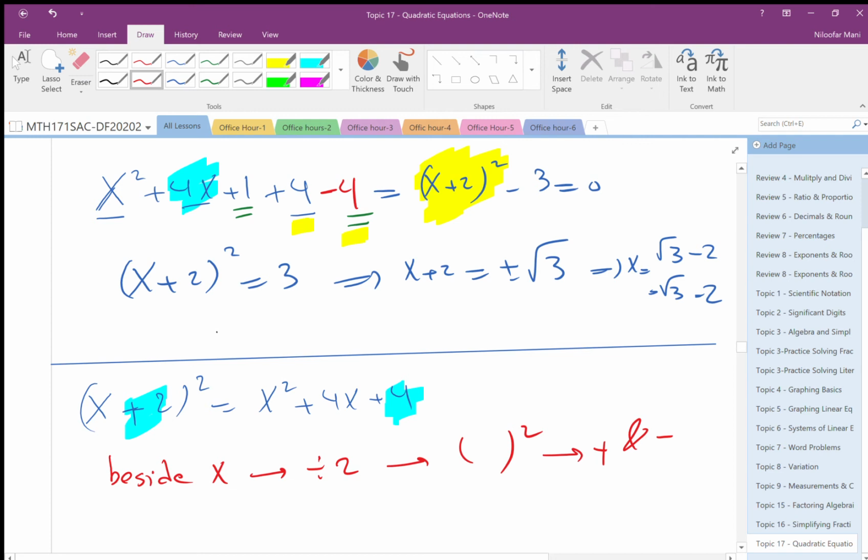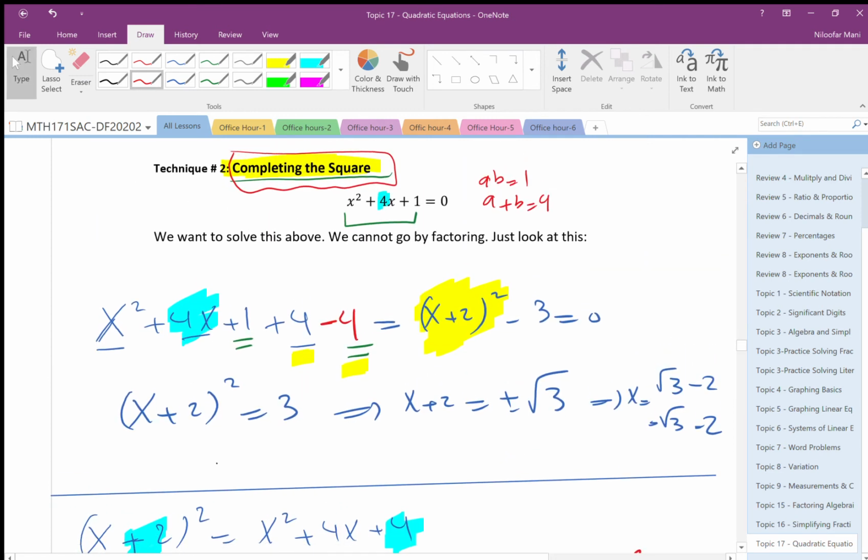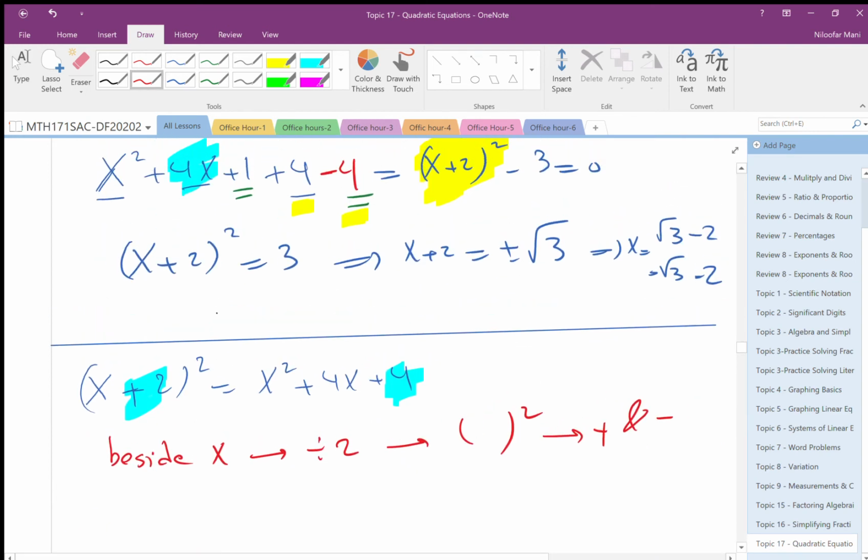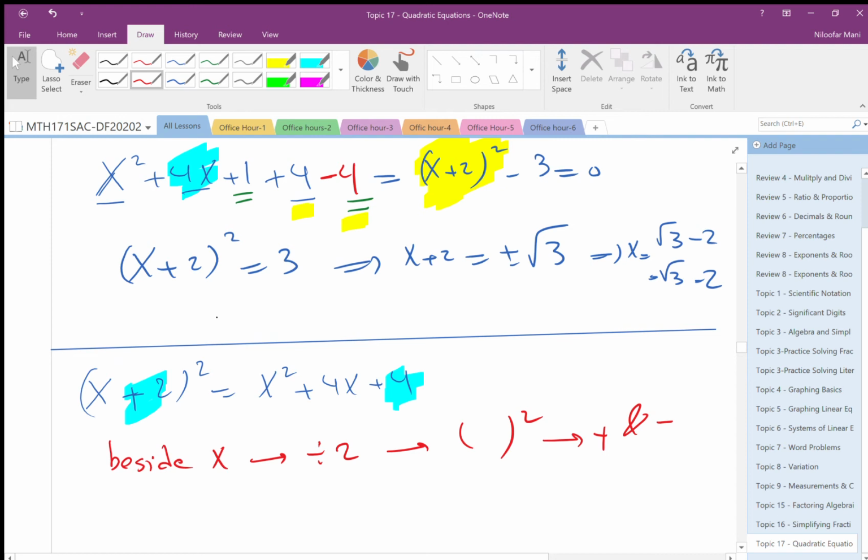Okay, but look, here you have 1 here. What I'm doing is for the one which has 1 there. If there is no 1 here, I'll talk about that later. So just pay attention. If I have 1 beside x squared, then I can do x plus 2 squared like this.